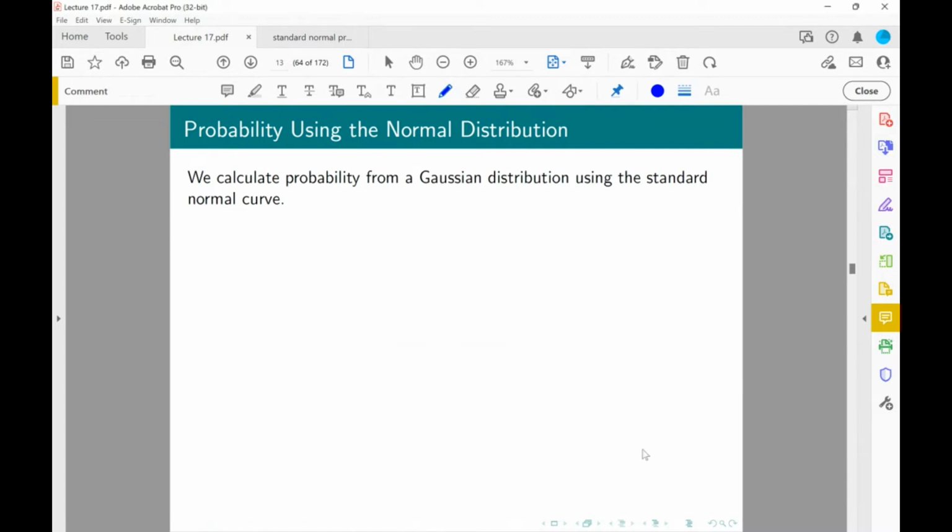Right. Now, because it's such a strange, sort of non-elementary function you end up with, it's very hard to compute the integral directly. But we have tables, as you just saw, tables of probabilities for the standard normal curve.